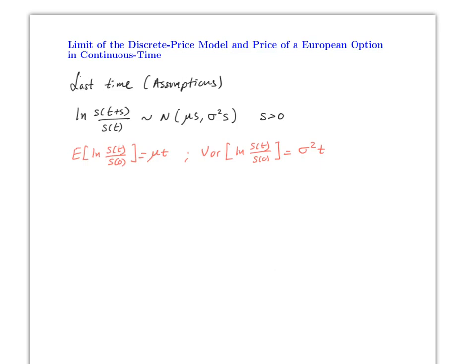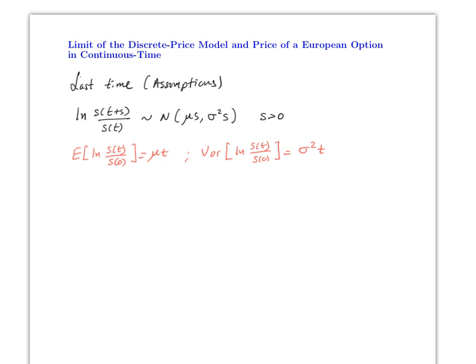Notice the slight change here: if we start at 0, then this will be just S(t). Here we kind of interchange the variables, but these are exactly the same assumptions that we had last time.